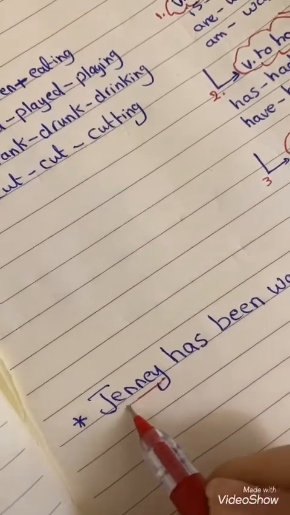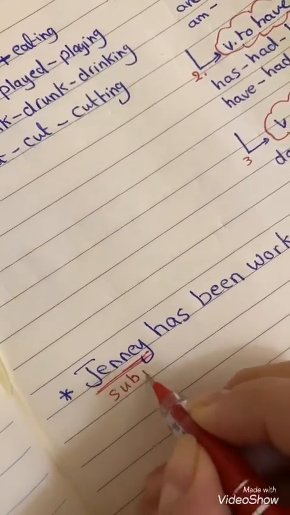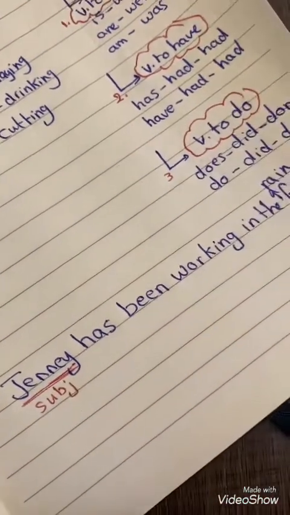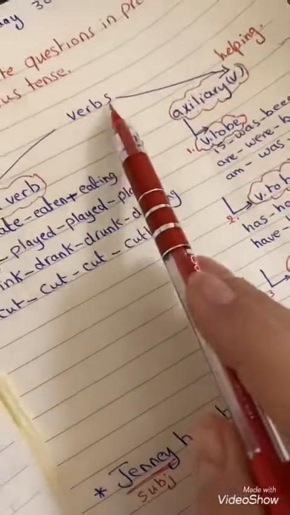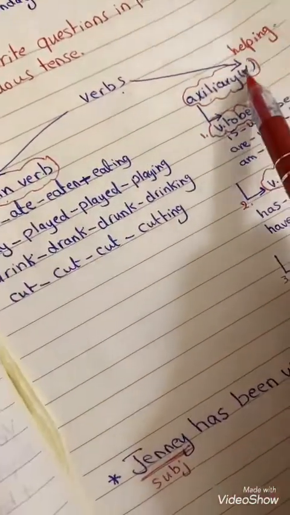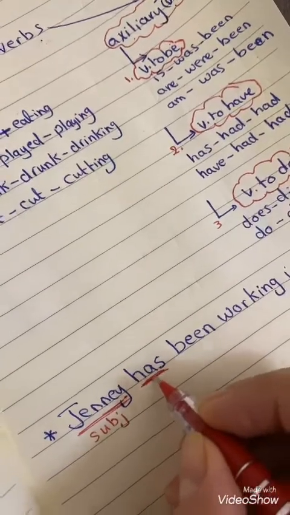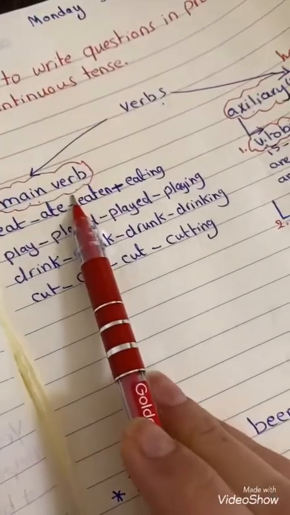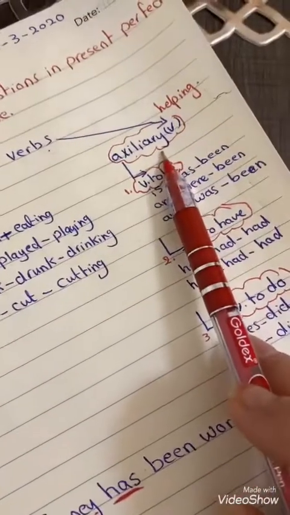Jenny is the subject. Here, what is the verb? The verb is has been working, and we said that verbs can be main verbs or helping verbs. Has, is it a main verb or an auxiliary verb?